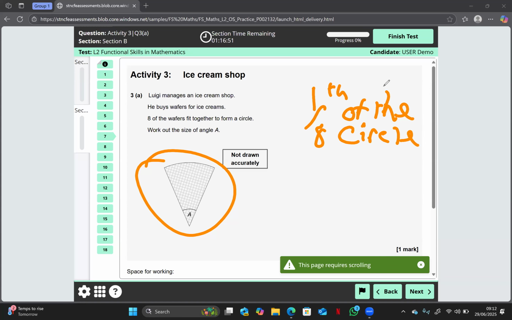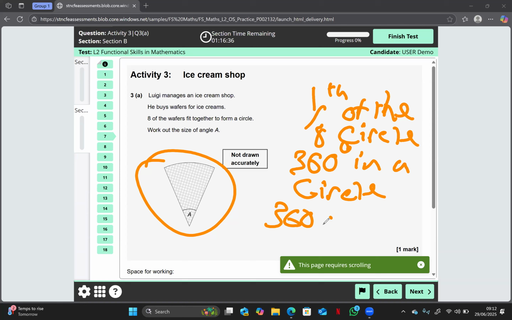Now, we know that 1/8 of 360 is 360 divided by 8, which we do on our calculator, because this is a calculator section of the paper. 360 divided by 8 equals 45 degrees.